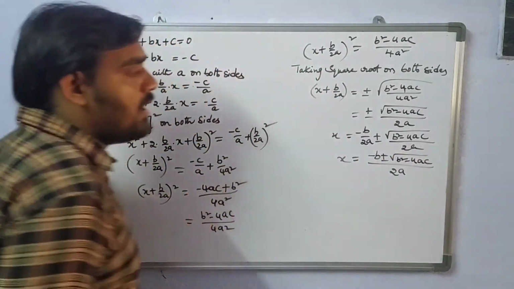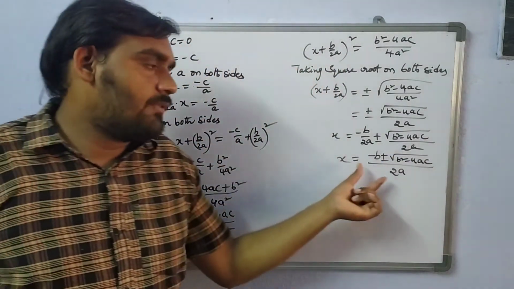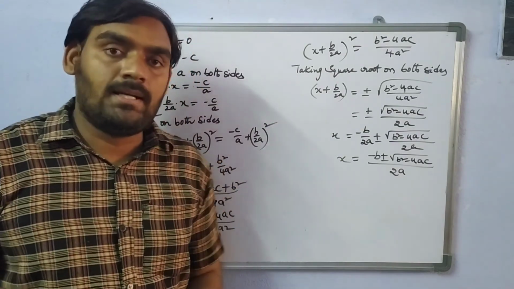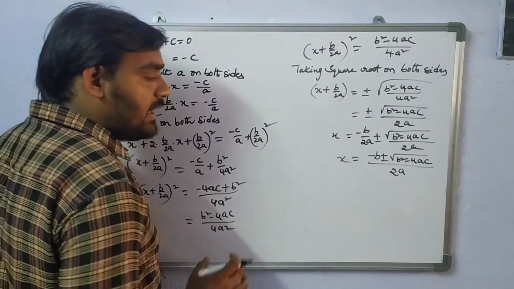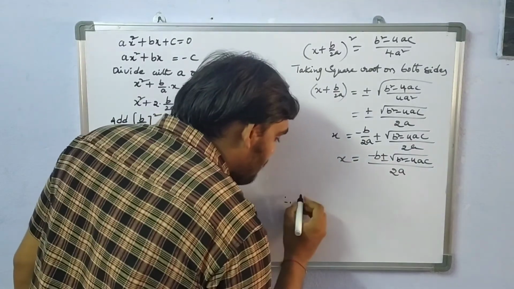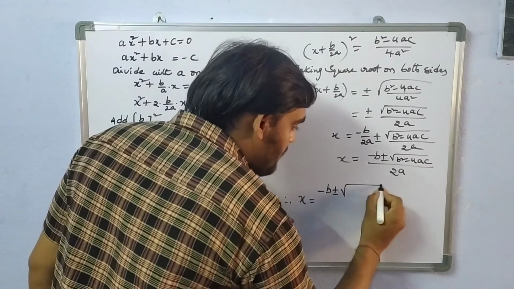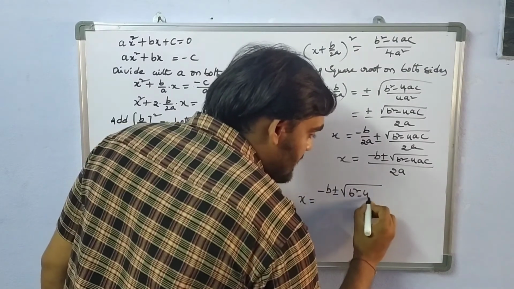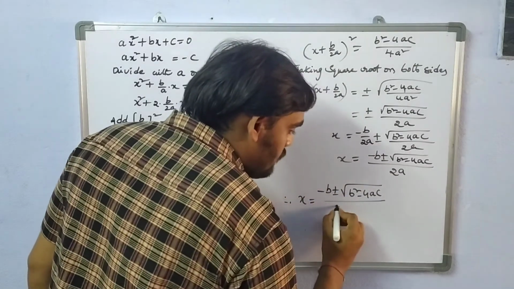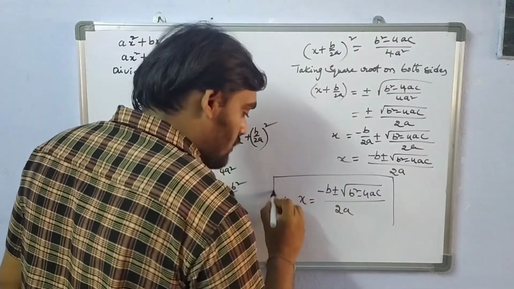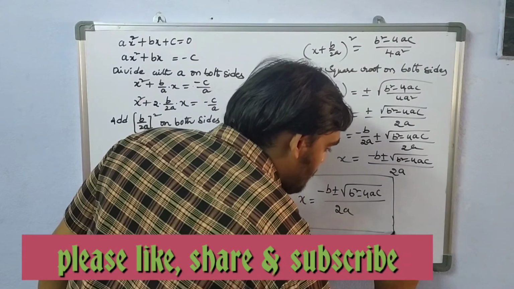So this is the formula to find roots of a quadratic equation by using the formula method. What is the formula? Therefore, x is equal to minus b plus or minus square root of b square minus 4ac by 2a.